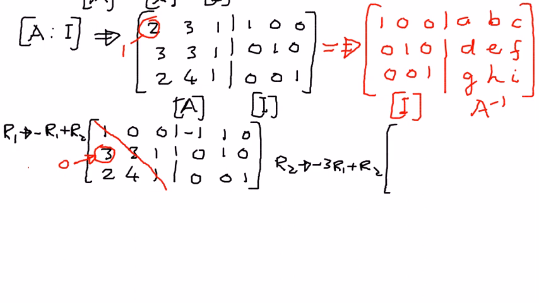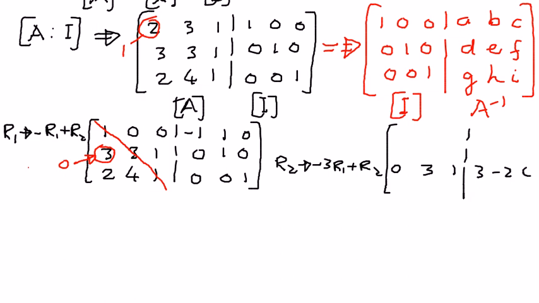So we have here 0, 3, when we perform this 3 times row 1 plus row 2, and when we apply it to every one of those elements, we get 0, 3, 1, and then we'll put the partition there, and then we have 3, negative 2, 0 on the right hand side of the partition, and then this is a 0, not an 8.